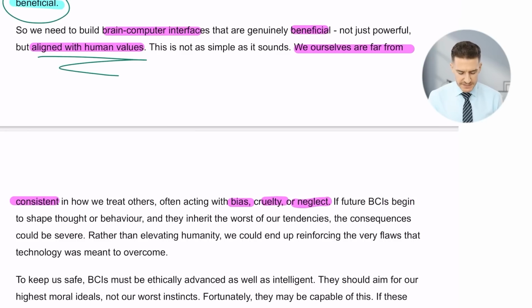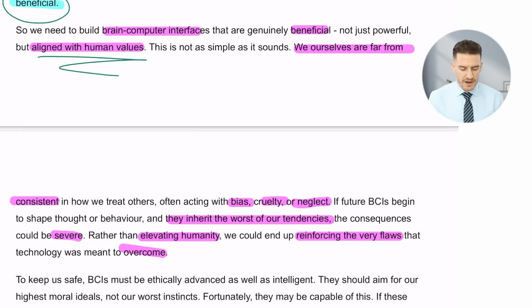So if future BCIs begin to shape and they inherit the worst of our tendencies, or the bad things about human character, the consequences could be severe. Rather than elevating humanity, we could end up reinforcing the flaws that technology was meant to overcome.